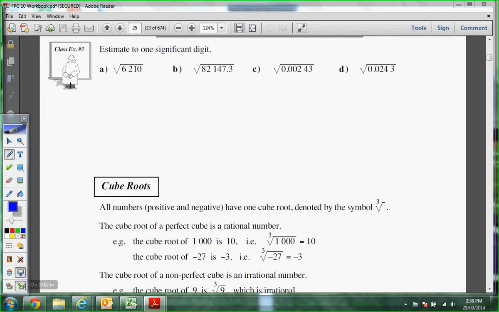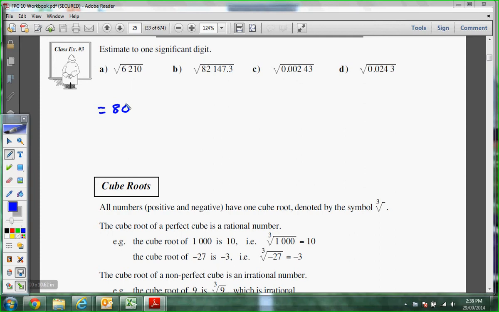Well, if we're estimating, they kind of break it into sections, but if you're estimating to one significant digit, they get 80. That was just them thinking this is almost 6,400. So 80 times 80 is 6,400. They kind of broke it down, just looking at 62, and then times it by 10.